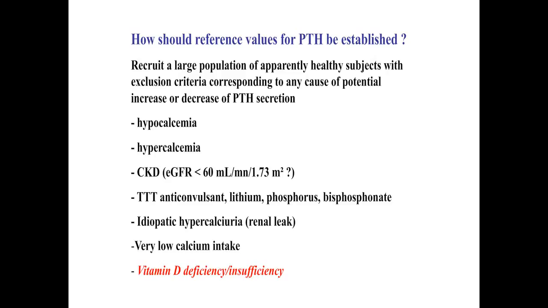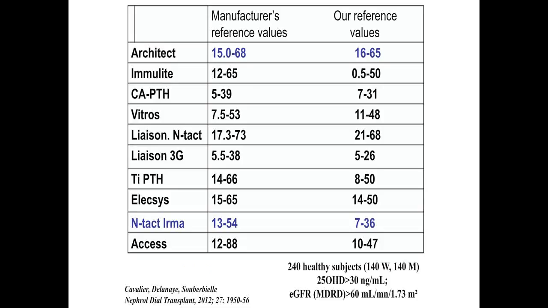And nowadays we have to pay attention to their vitamin D status, or should we make sure that they're not with low levels of vitamin D, which has the potential to increase PTH.